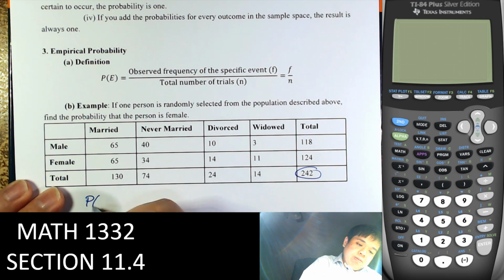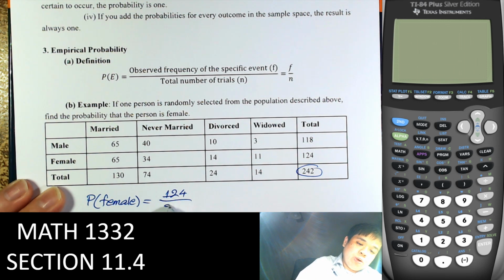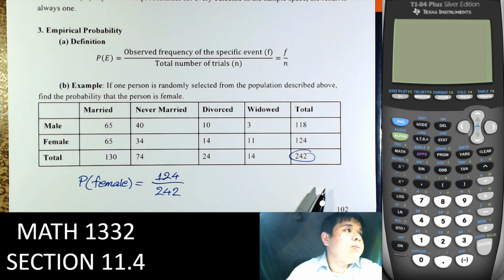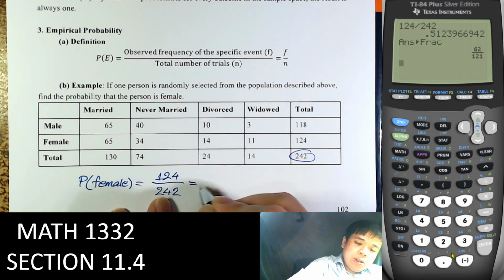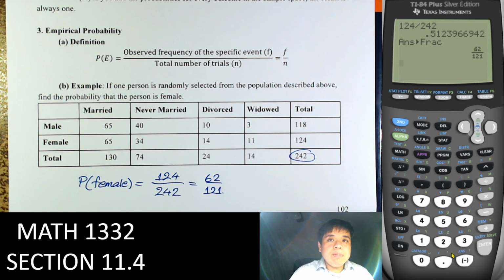So the probability of having a female selected is 124 out of 242, which reduces to 62 over 121. Right, so that's just empirical probability. They have to give us the data like this in order for us to find the probability. But that's all we have.